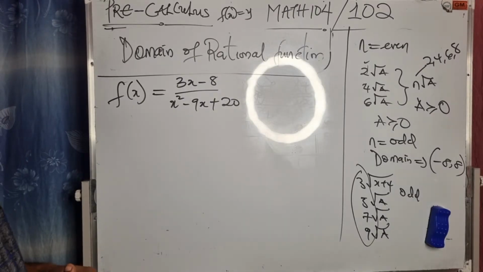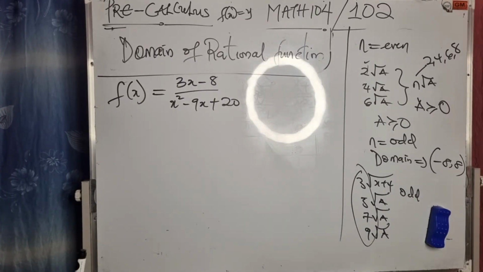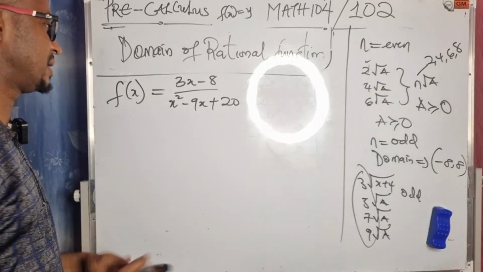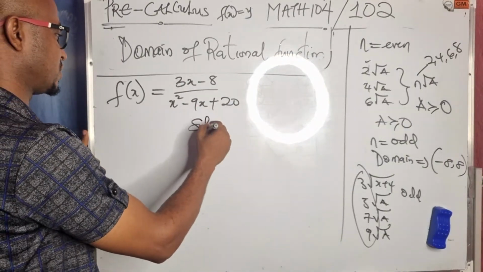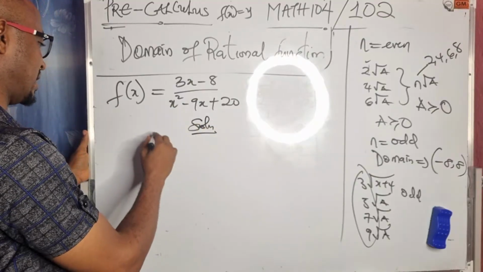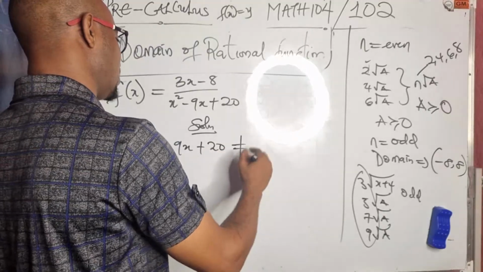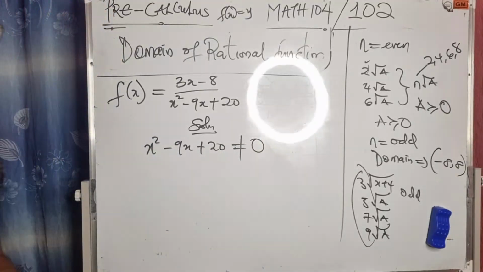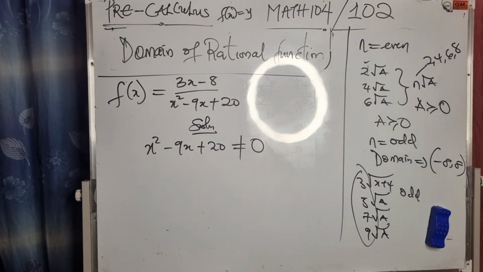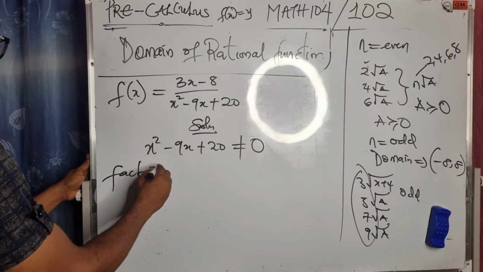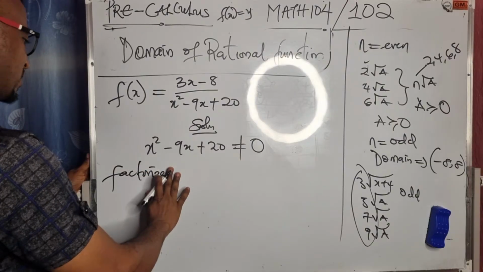We are given a rational function, where we have to set the denominator not to be equal to 0, right? So the solution to this, we have to set x squared minus 9x plus 20 is not equal to 0. So what do we do here? We have to factorize the expression.